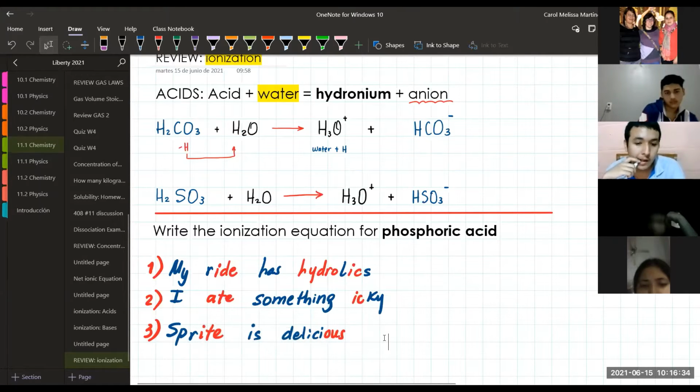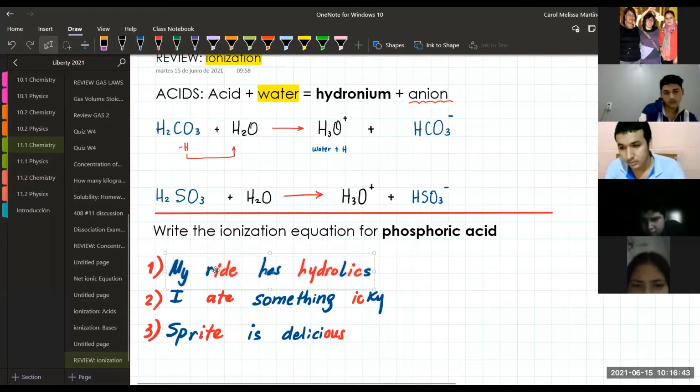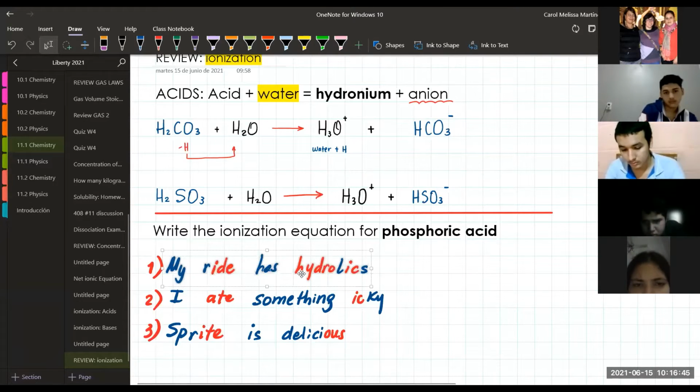Okay, so what happens here? How can you work with the mnemonics if I give you the name of the acid? You have to work backwards, okay? That's the key for this kind of problems.